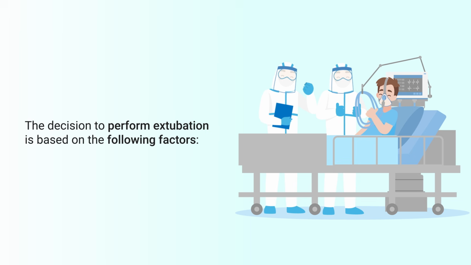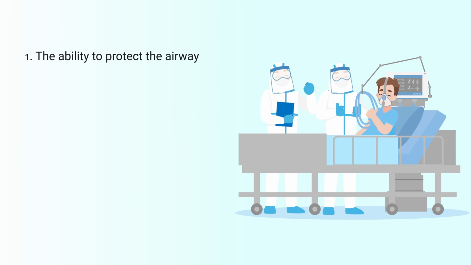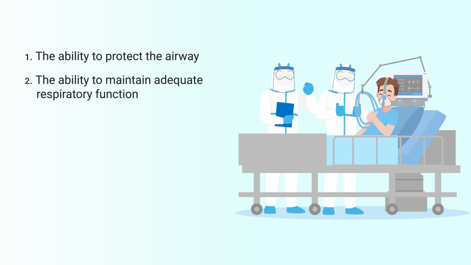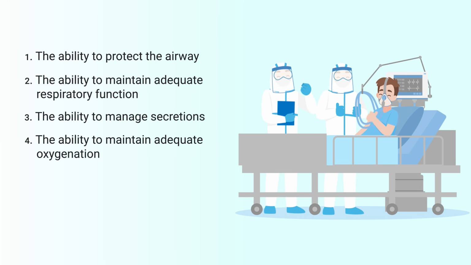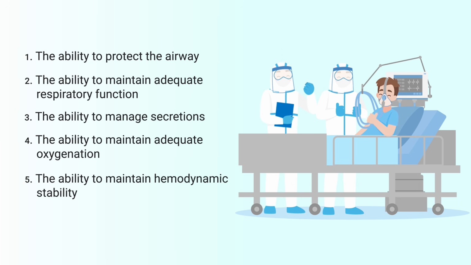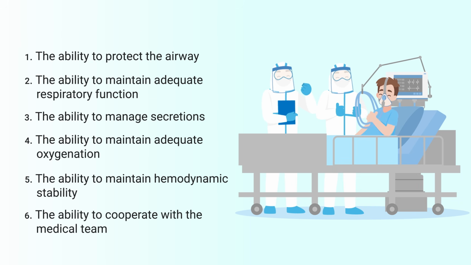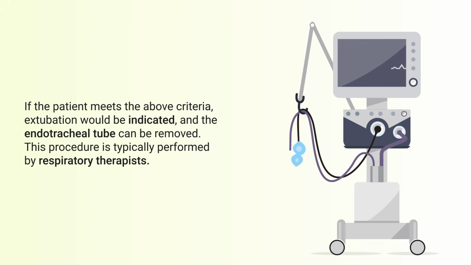The decision to perform extubation is based on the following factors: the patient's ability to protect the airway, the ability to maintain adequate respiratory function, their ability to manage secretions, their ability to maintain adequate oxygenation, their ability to maintain hemodynamic stability, and their ability to cooperate with the medical team. If the patient meets the above criteria, extubation would be indicated and the endotracheal tube can be removed. This procedure is typically performed by respiratory therapists.